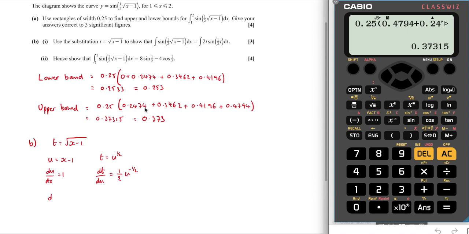I want dt by dx, and that's going to be dt by du times du by dx, which is just going to be a half u to the minus half, and u is x minus 1, so a half x minus 1 to the minus a half.